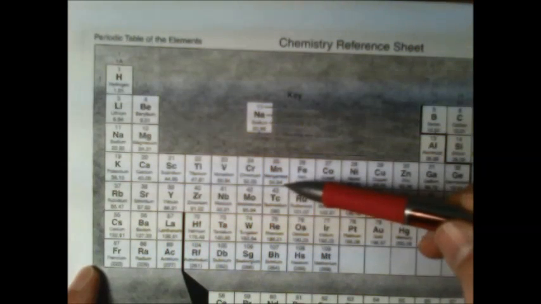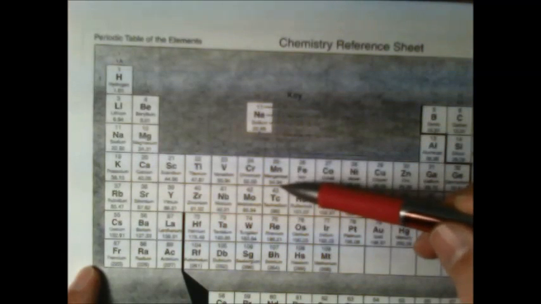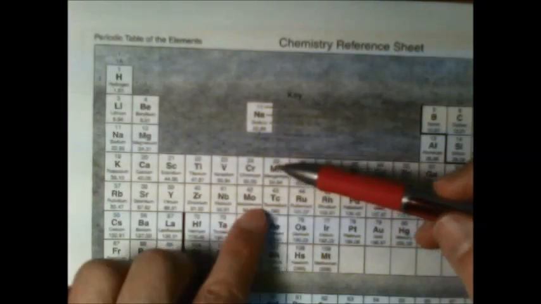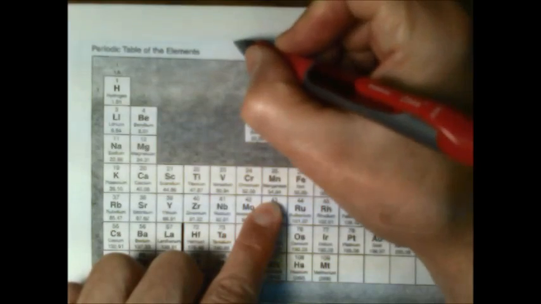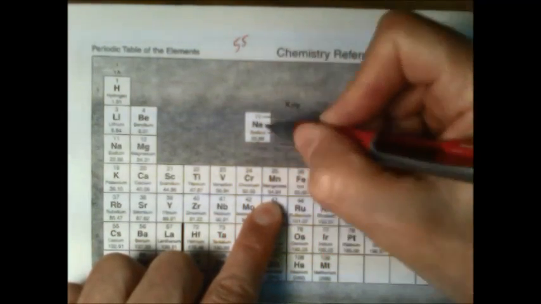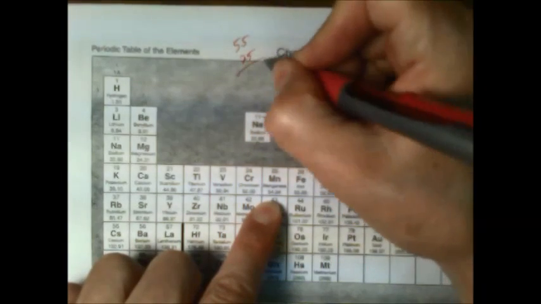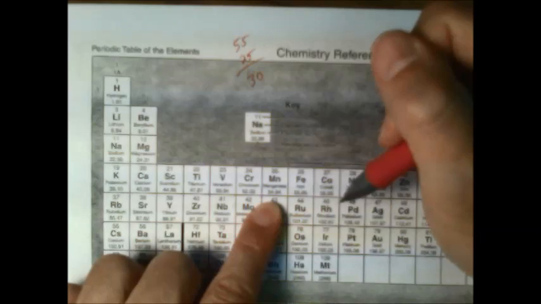The weight is the neutrons plus protons, so you subtract this number from that number to determine how many neutrons manganese has. In this case, if we say on average the weight is 55, and we have 25 protons, it will have 30 neutrons.